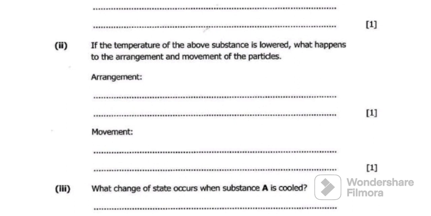Okay, so the particles of substance A will be more closely packed as compared to the previous state. If the temperature continues to fall, particles will be more closely packed as compared to the way they are here. So that is the arrangement.